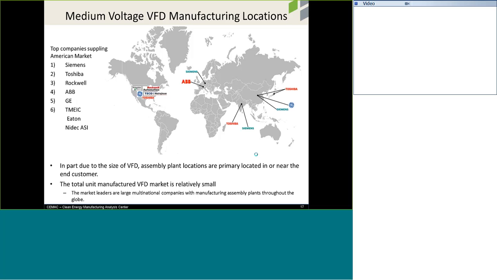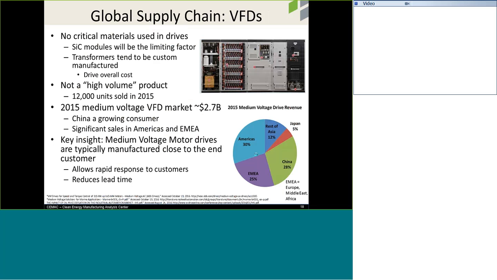What we're representing on the map is some of the top companies from market reports that manufacture medium voltage drives. And from our interviews, we know that they tend to manufacture the drive close to their end customer. And so these are large multinational companies, so their manufacturing plants are throughout the globe. Again, with the variable frequency drives, there are no critical materials being used.